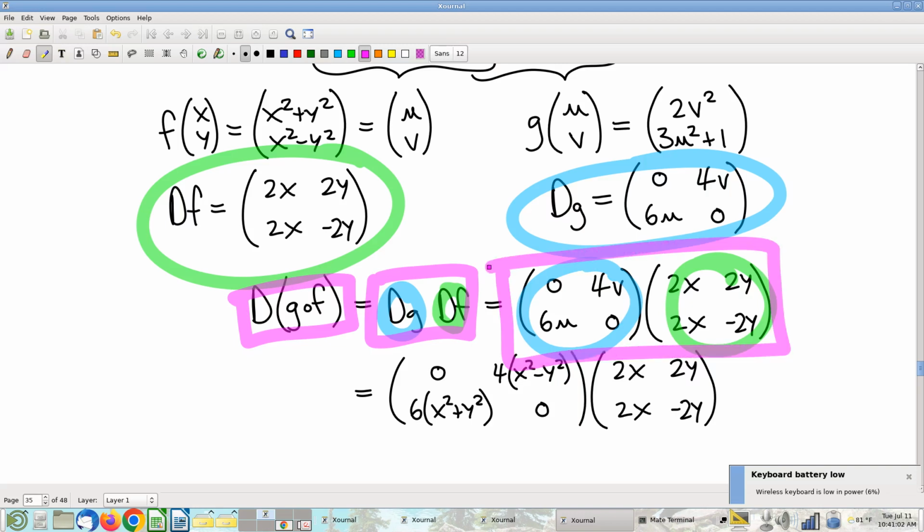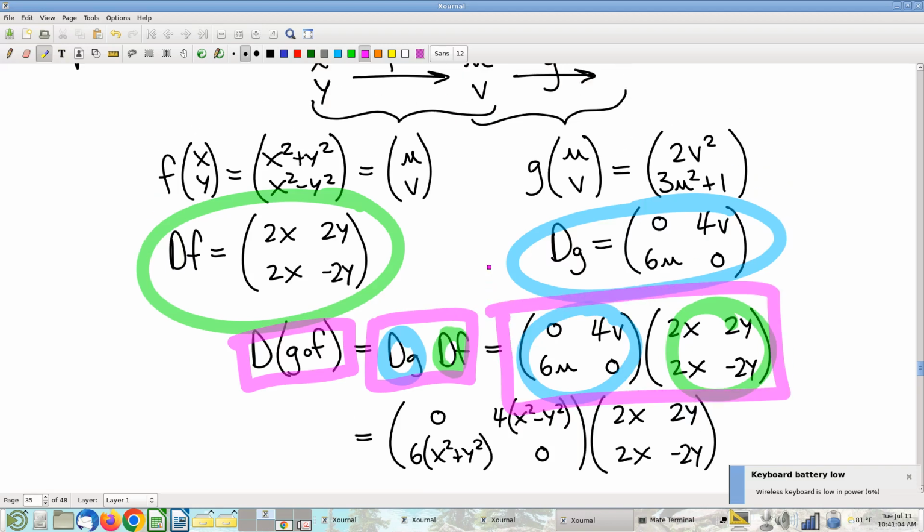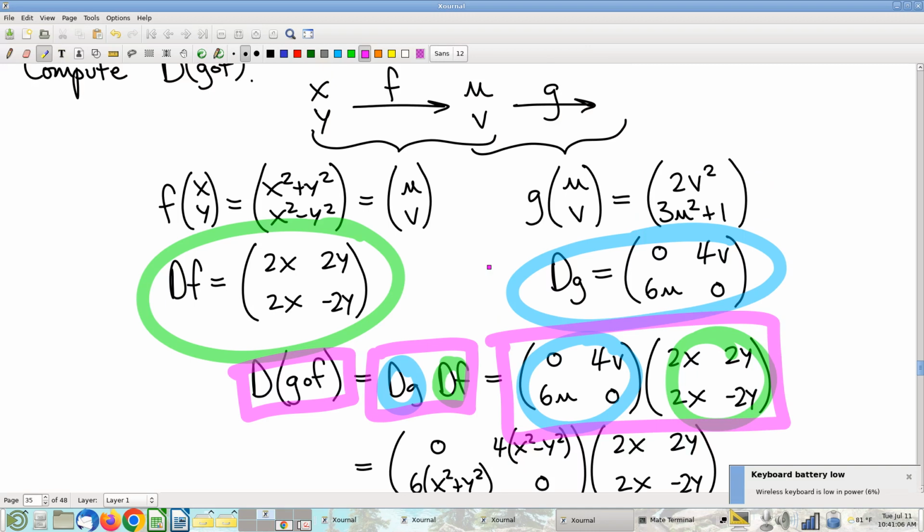You got to multiply that by that. And then some multiplying stuff out ensues.